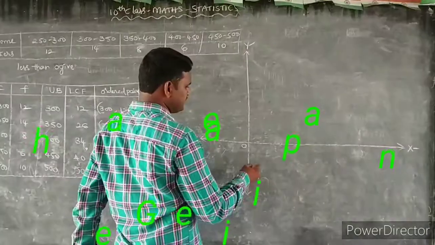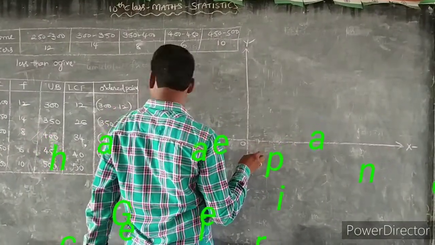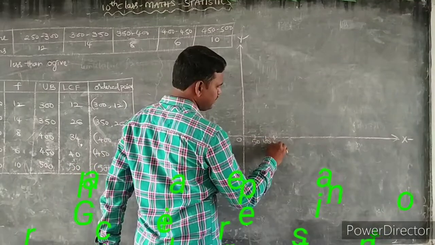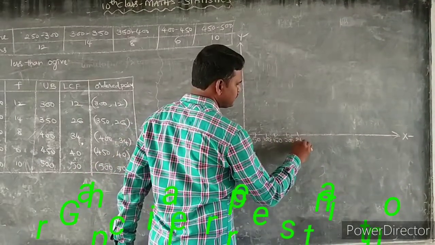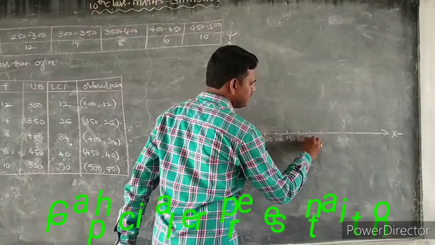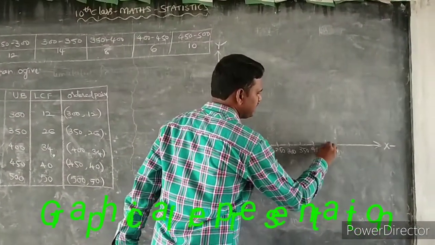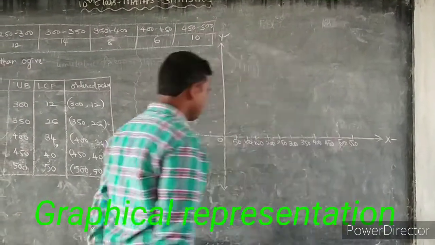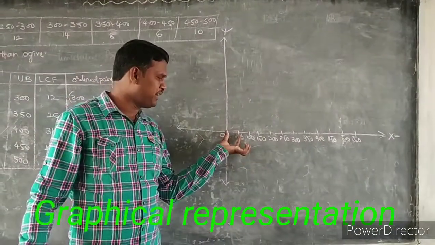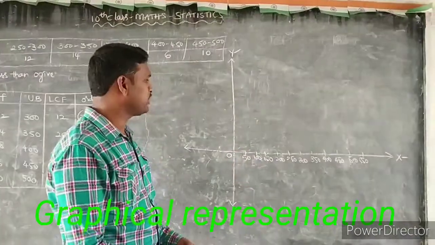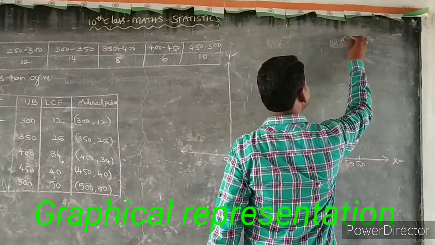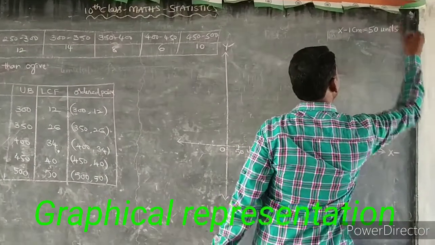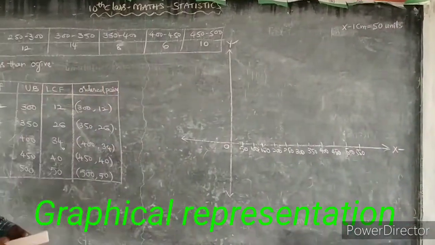That's why I am taking here 50, 100, 150, 200, 250, 300, 350, 400, 450, 500, 550. How I took here, once again observe, I took 1 centimeter on x-axis is equals to how much? 50 units. Let us write the scale. X-axis 1 centimeter, we have taken 50 units. Next on y-axis, observe the values.